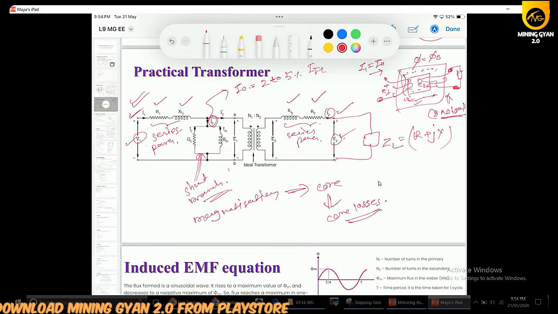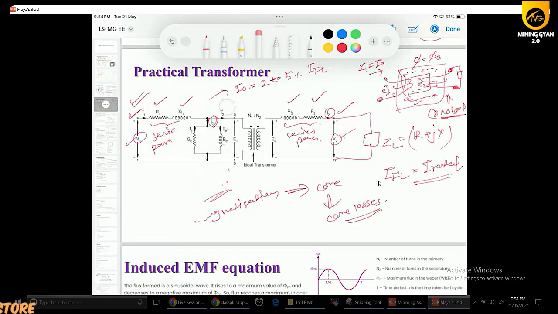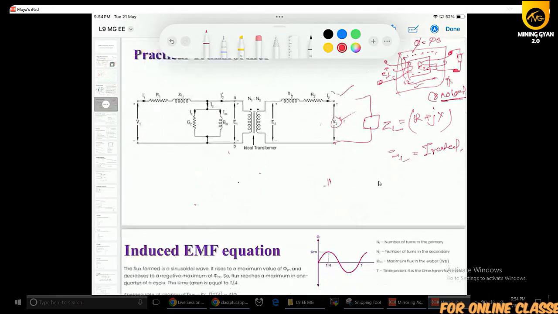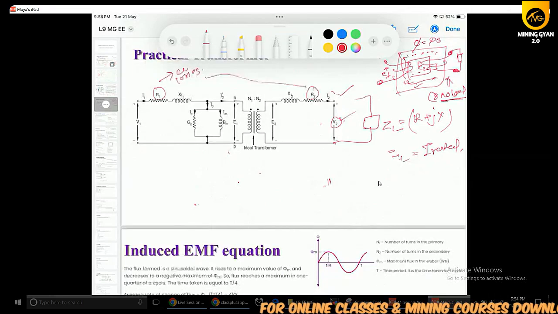What is full load current? That is the rated current. I full load equals I rated, which your load requires. You just need to know these things only. We will use R1 to calculate the copper loss at the primary winding. R2 will be used to calculate the copper loss at the secondary winding.